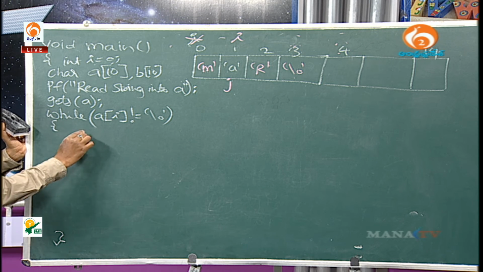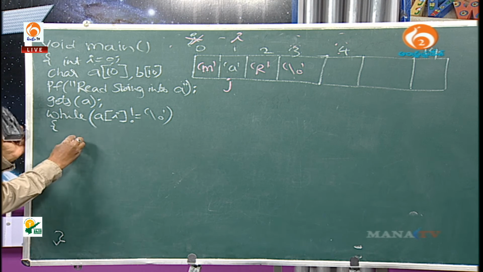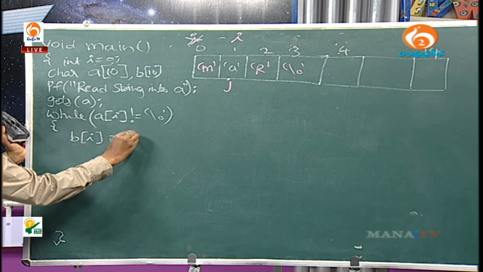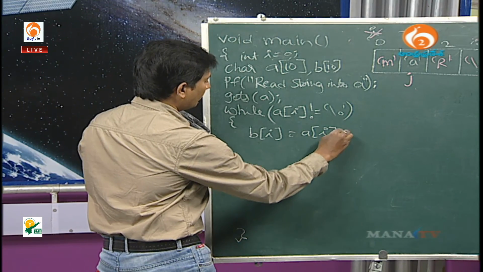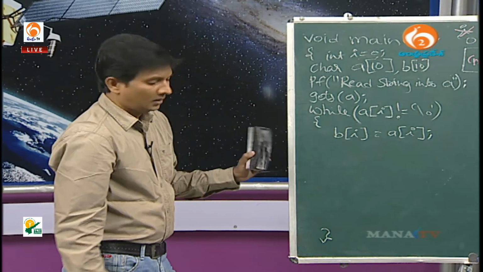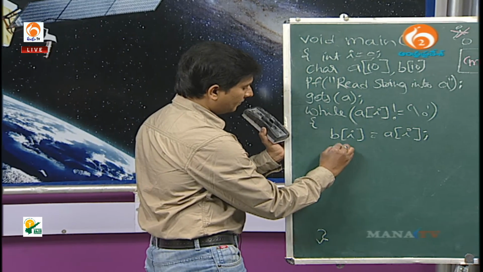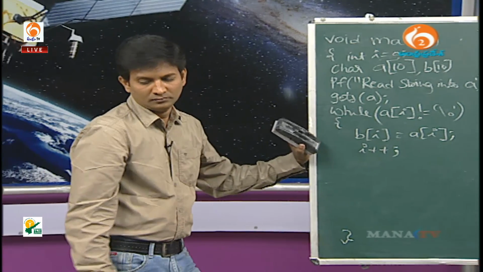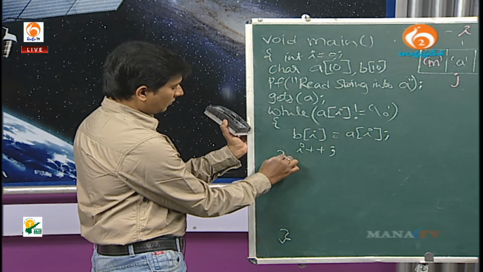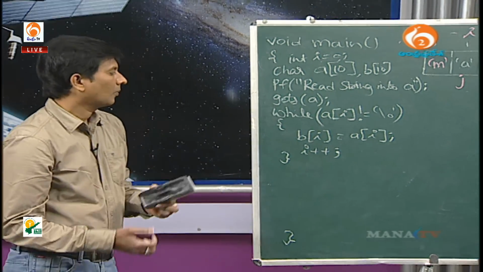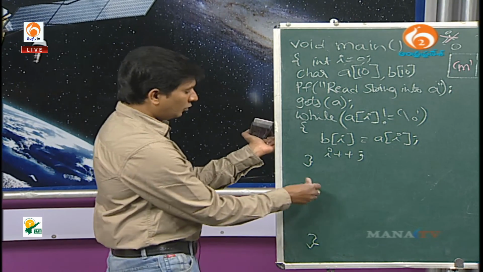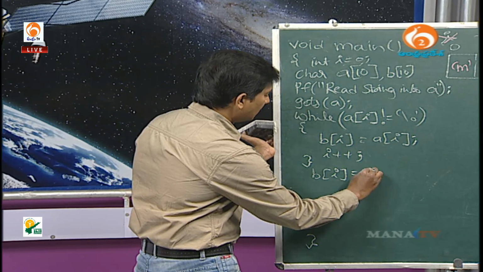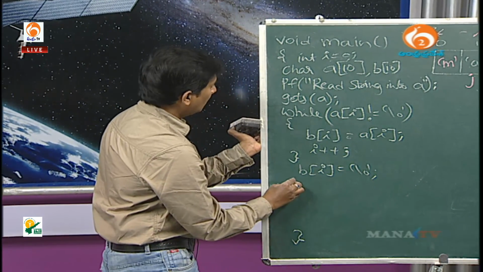Okay. So, b of I equal to a of I, simple logic. Okay. I plus plus semicolon. Okay. Next, at last I am also storing b of I equal to backslash 0.